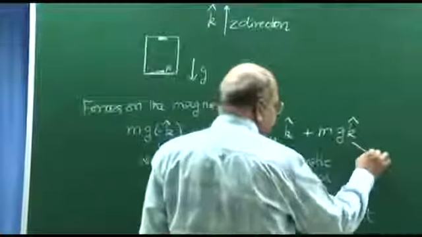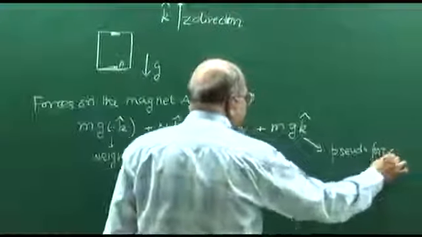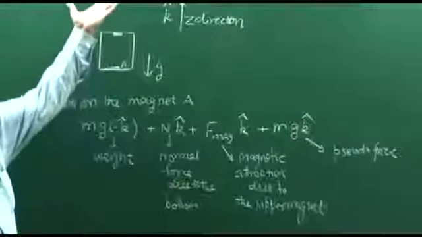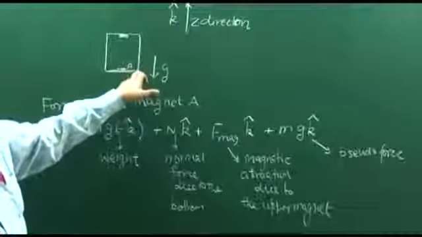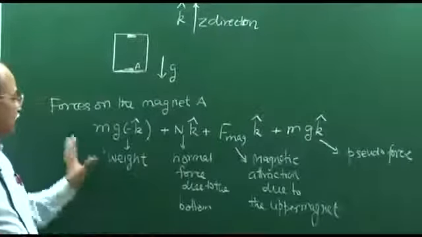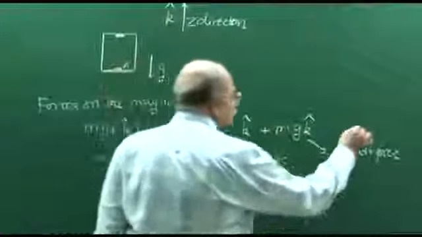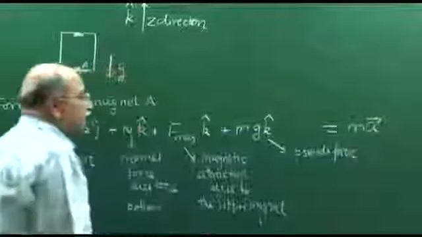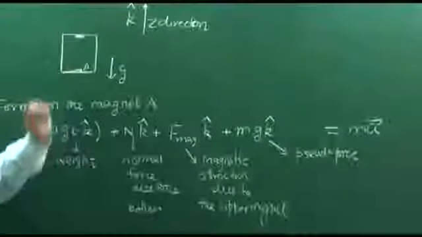This is the pseudo force that I will have to include because I am using this non-inertial frame. The frame is accelerated downward and therefore the pseudo force has to be up. So, this is the total force on this object, and that should become mass times acceleration. This acceleration is the acceleration of this object with respect to our falling box frame.